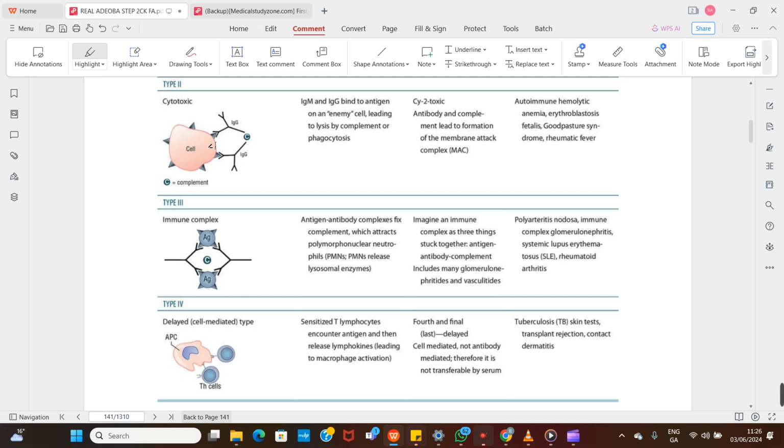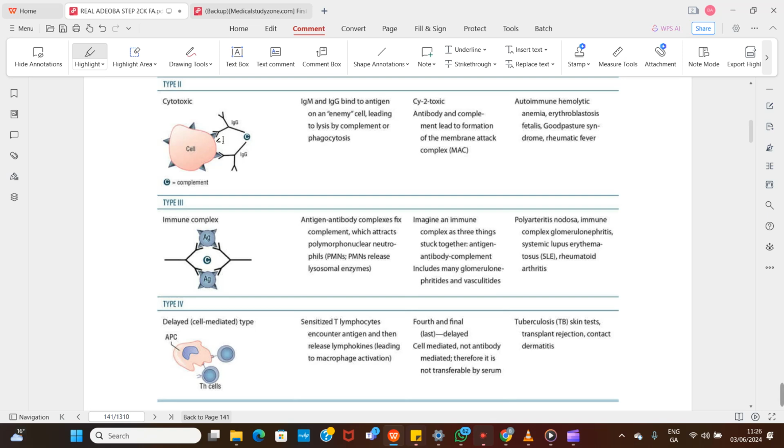The neutrophils will then finalize the problem by releasing lysosomal enzymes that start destroying the tissue function. So that's the way it works. You have antibody and antigen mixing in the blood, now depositing in tissues, activating complement and also the neutrophils at the end of the day.